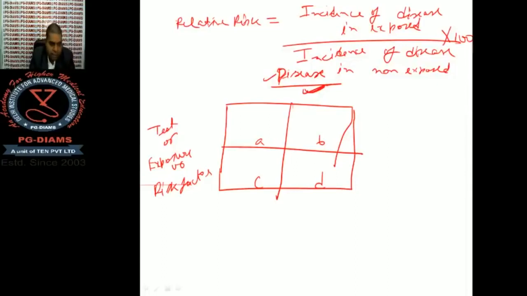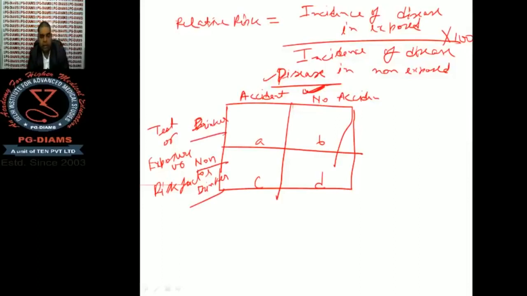For example, in this example you have done a cohort study on drinking and driving. Disease is accident and no disease is no accident. Test is drinking present, drinker, and the other group is non-drinker.